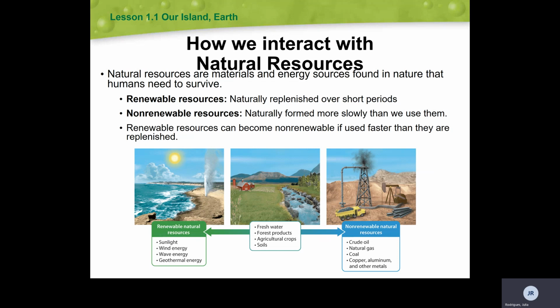Oil, natural gas, and coal are examples of non-renewable resources that we are using a lot faster than they can form. But renewable resources, for example sunlight, wind energy, water energy, are replenished very easily. So it's a better use for us to use those types of things so we don't lose all of those non-renewable resources.